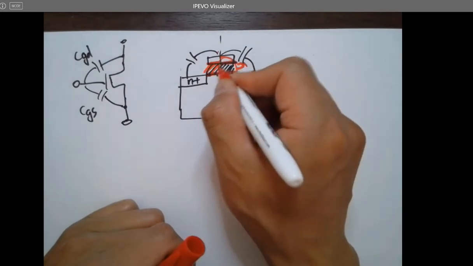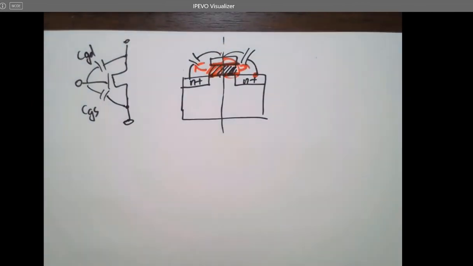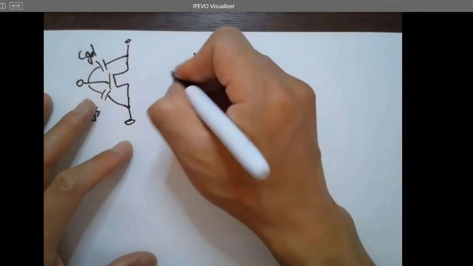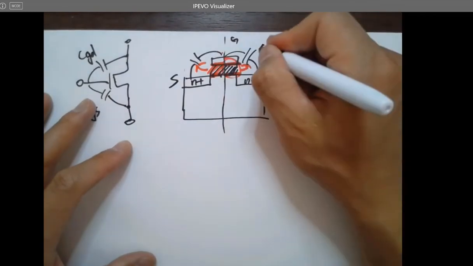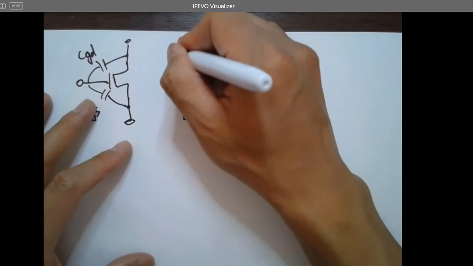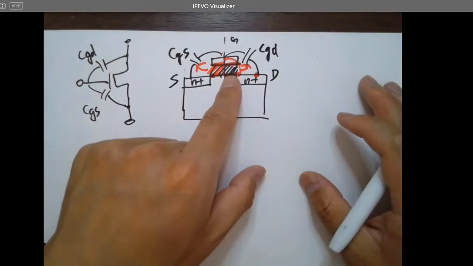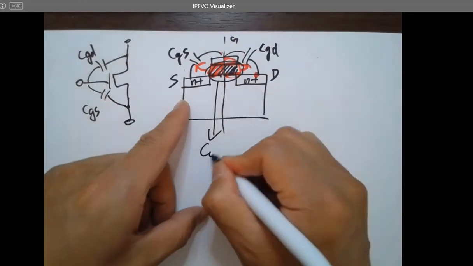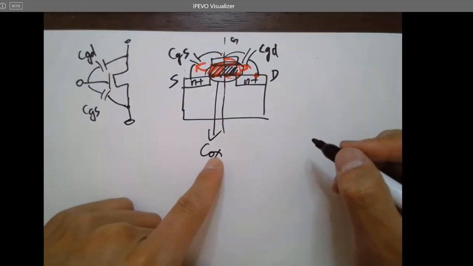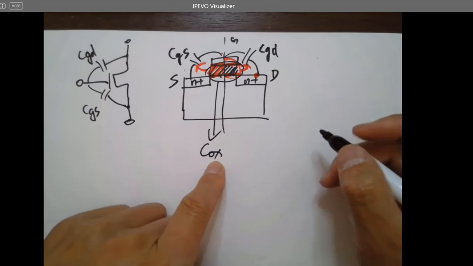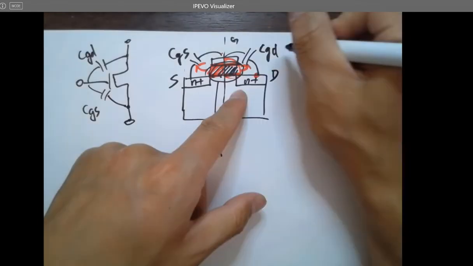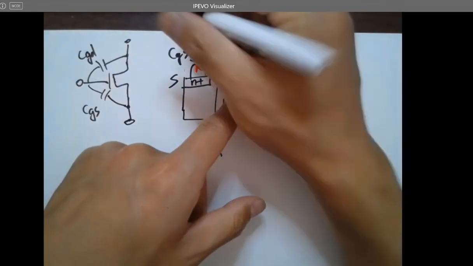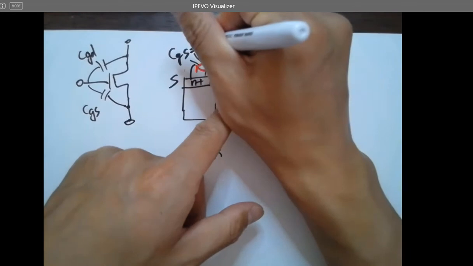And if we name this drain, this source, this gate, then this will be CGD, this is CGS. If the entire capacitor here is the oxide capacitance, Cox, then this half will be a half Cox, and this is a half Cox as well, since it's symmetric.